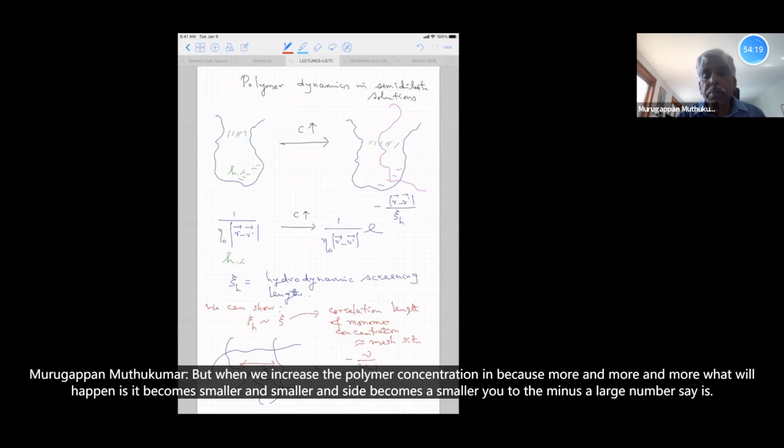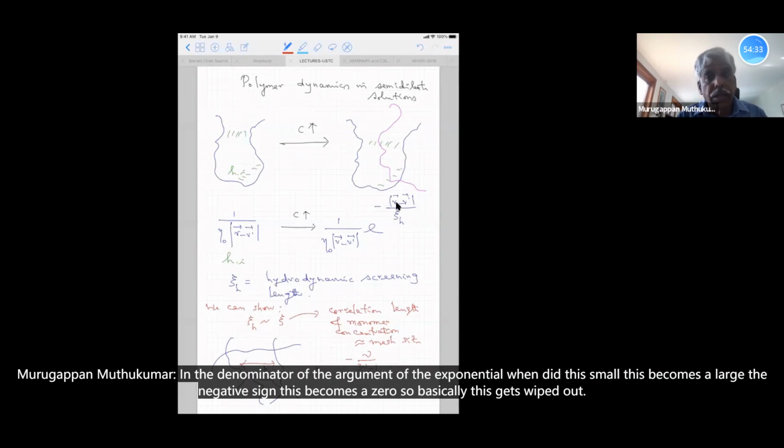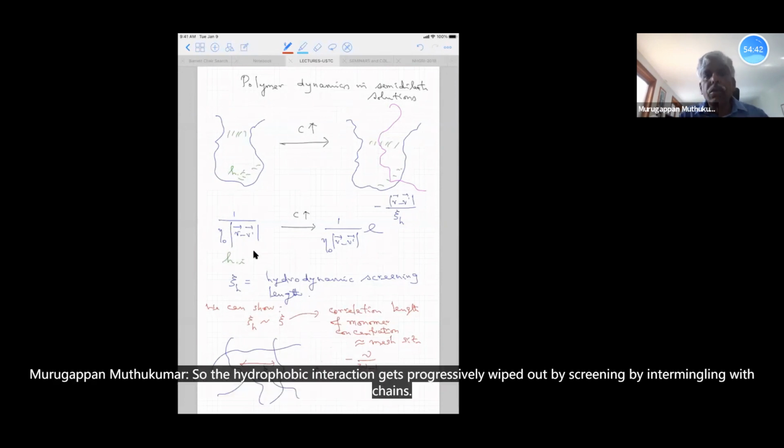But when you increase the polymer concentration more and more, psi becomes smaller and smaller. Psi is in the denominator of the argument of the exponential. When this is small, the argument becomes large, and with the negative sign, this becomes 0. So basically, this gets wiped out. The hydrodynamic interaction gets progressively wiped out by screening, by intermingling of the chains.